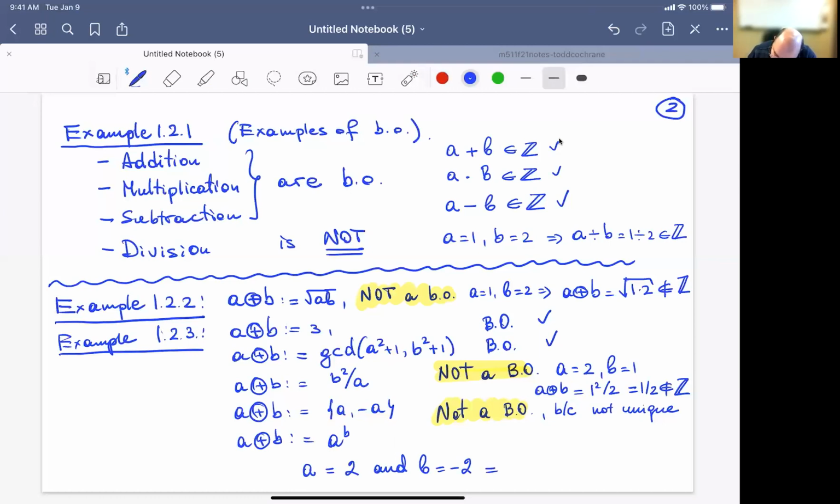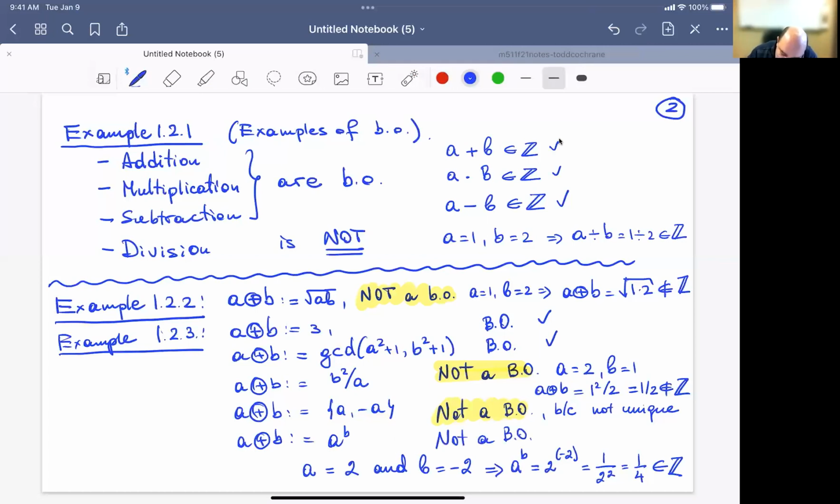In that case, a to the power b is equal to 2 to the power -2. That means it's 1 over 2 squared, which is 1/4, and again, that's not an integer. So if it fails for this particular example, that means it's not a binary operation again.